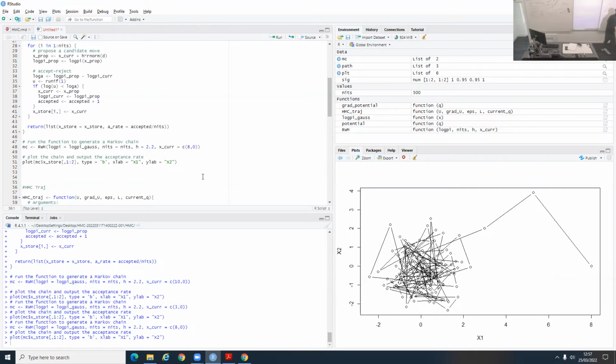The reason I start at this very far-off point is that I want to demonstrate that this algorithm has the power to go to the desired region at relatively fast speed. You see one step, two steps, three steps. In three steps, we have already reached the desired region.